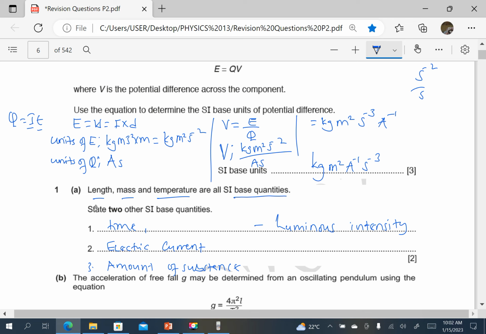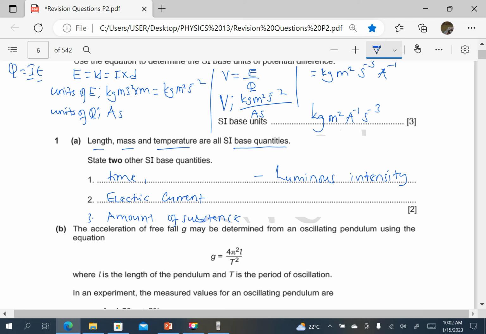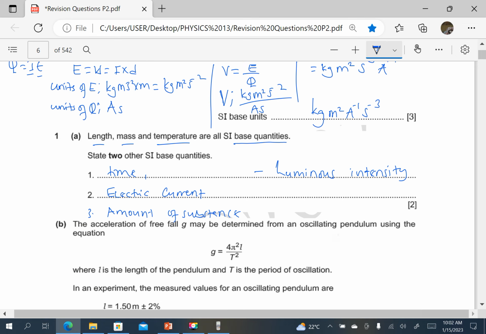So time is measured in seconds, current in amperes, amount of substance in moles, luminous intensity in candela, length in meters, mass in kilograms, temperature in kelvin. Those are the base quantities.